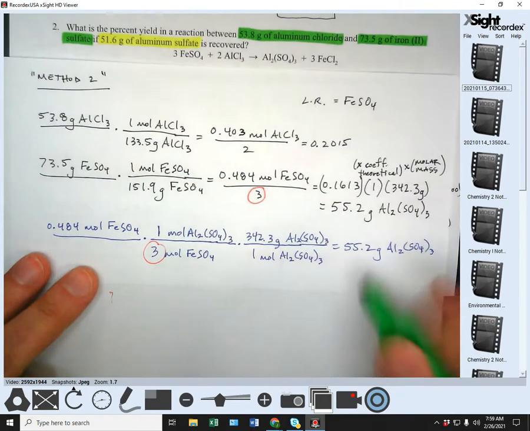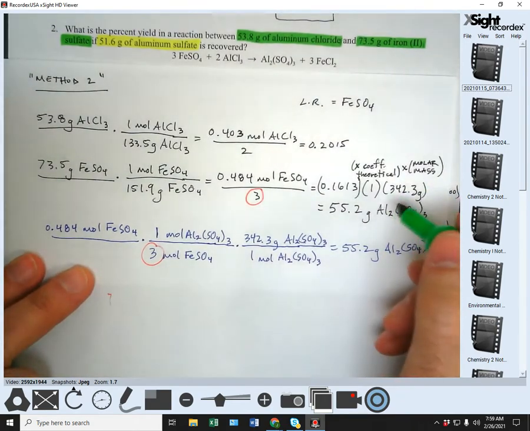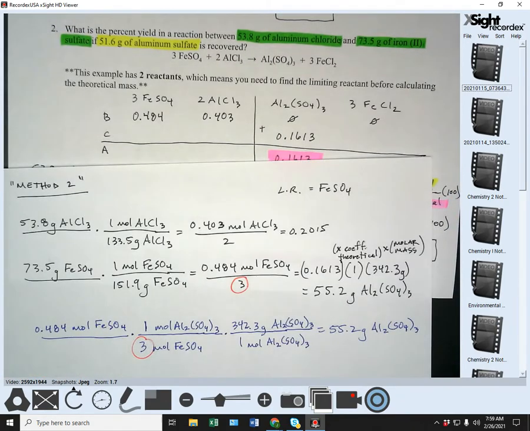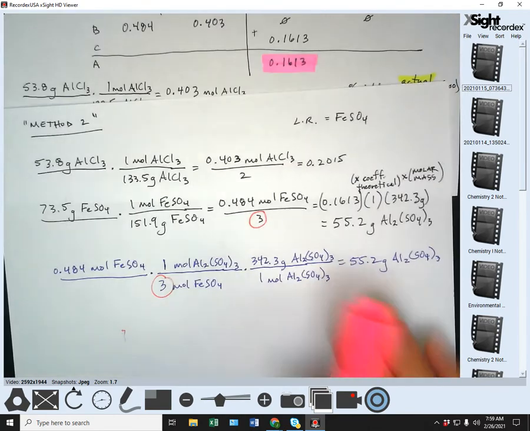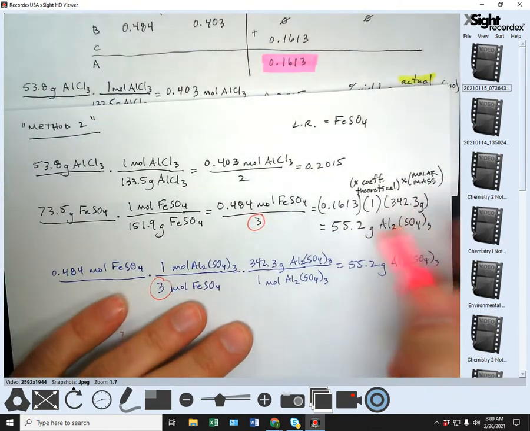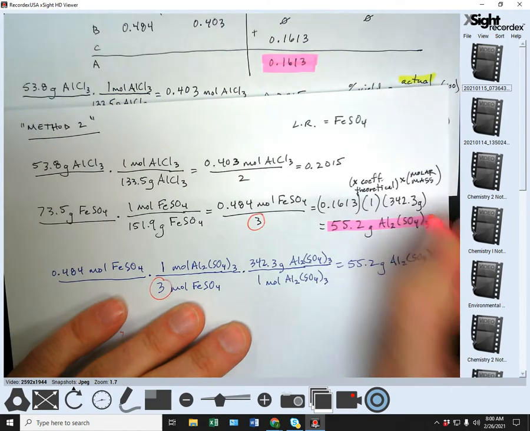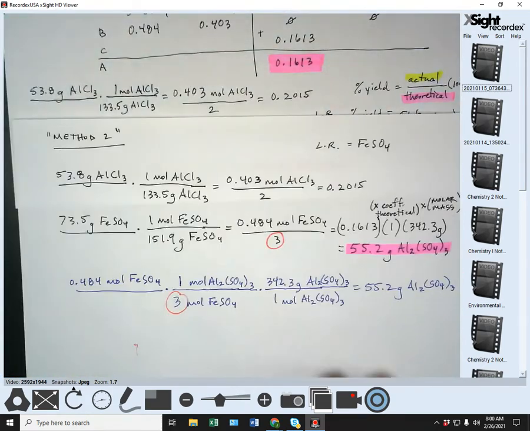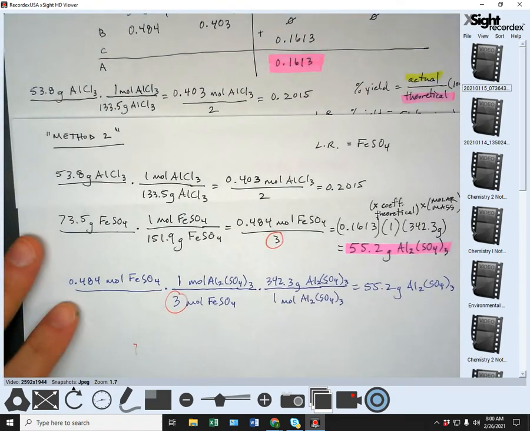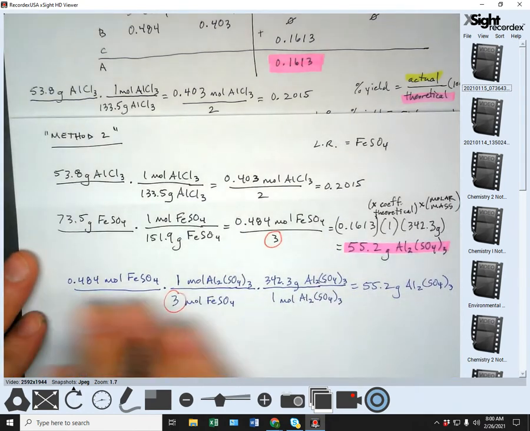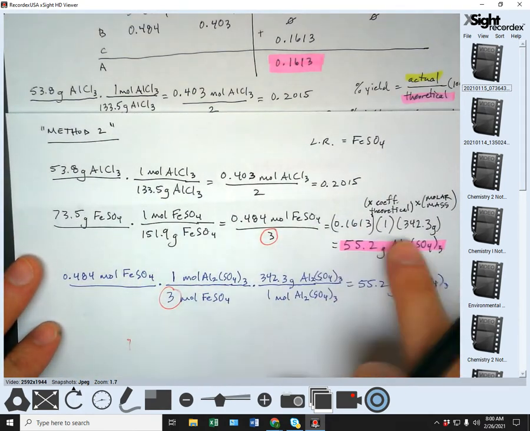This number is our, gotta make sure you use the red highlighter here. This number is our theoretical amount. Now all we would need to do, okay, remember the blue was just kind of explaining why we do this.